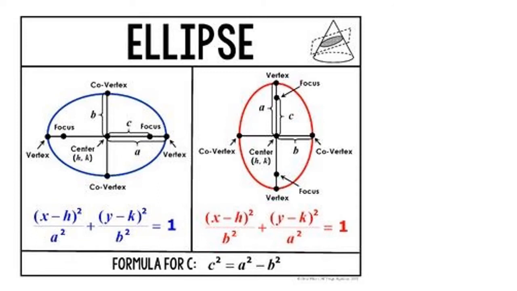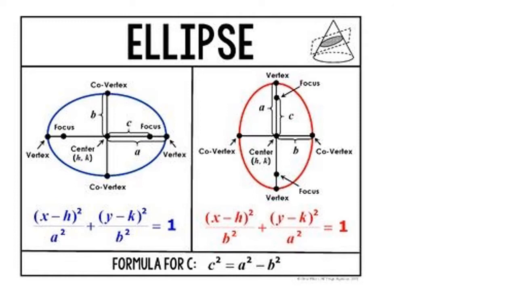So this is how the ellipse looks like. Its parts: the vertices, the center, the co-vertices, the foci, the major axis and the minor axis. The formula for c is c squared equals a squared minus b squared. That's different from the Pythagorean theorem, okay?